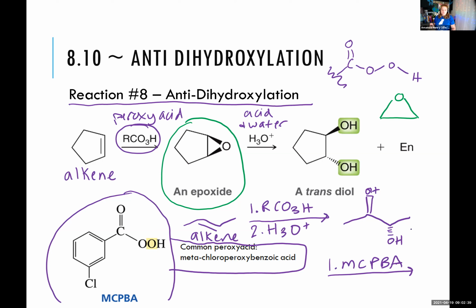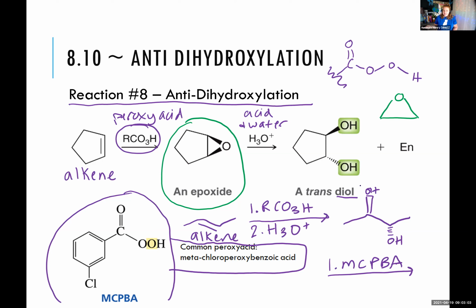So the alcohols are in opposite positions from each other. That's where the anti-addition comes in. It's called a diol. We haven't learned how to name alcohols yet, but alcohols always end in OL: ethanol, methanol, propanol. And so putting that di in front of it tells us that we've added 2 alcohols.